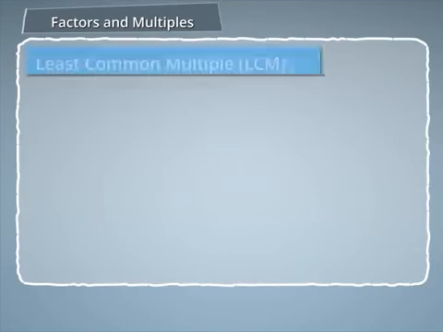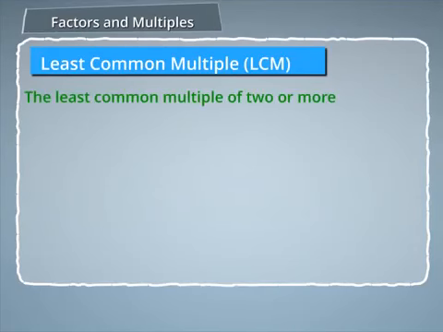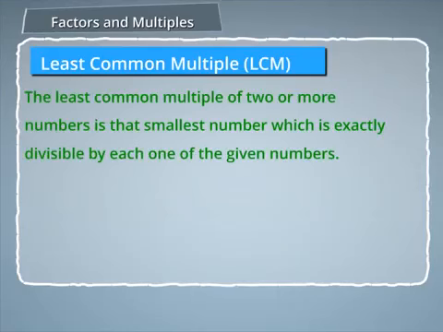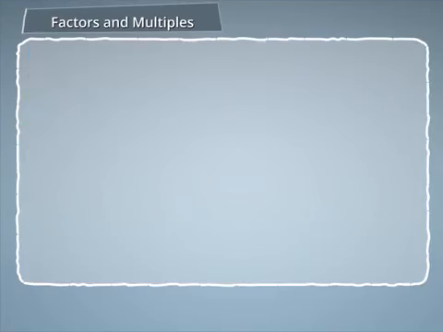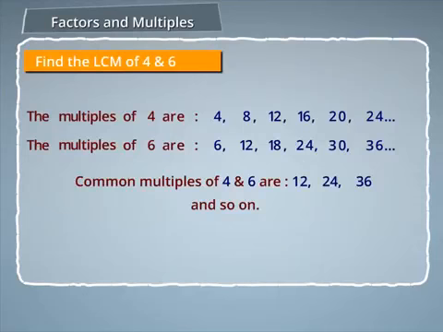Now let us discuss the least common multiple, LCM. The least common multiple of two or more numbers is the smallest number which is exactly divisible by each one of the given numbers. To find out the LCM of 4 and 6, we first find their multiples. That is, the multiples of 4 are 4, 8, 12, 16, 20, 24 and so on.